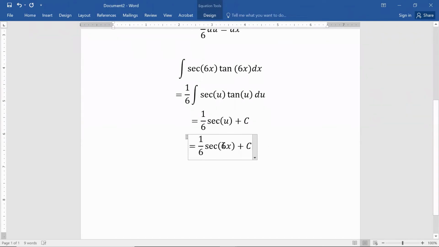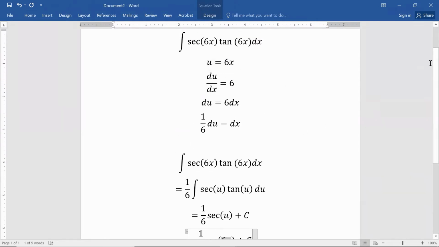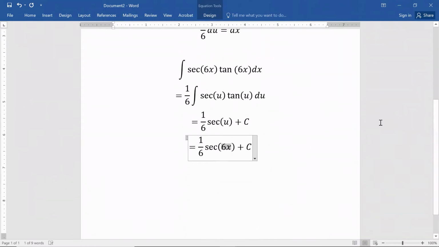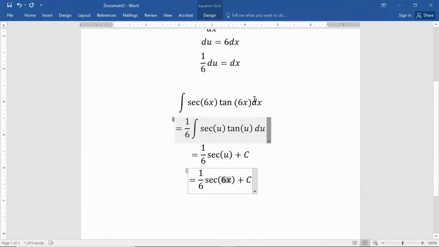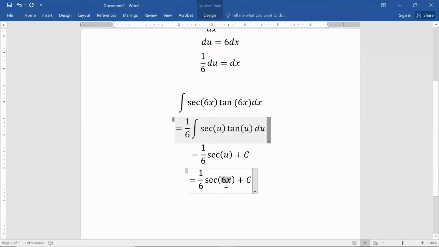Notice once again, having a linear piece that I created and made my u essentially just meant that I think of secant tangent, the antiderivative of secant tangent is going to be secant of my argument, which in this case is 6x.